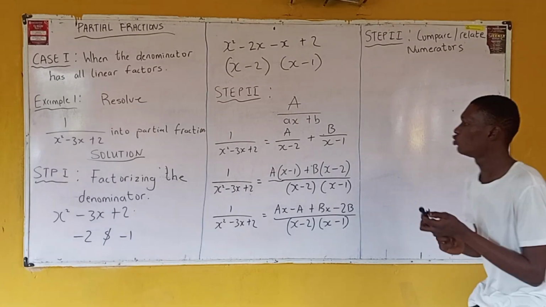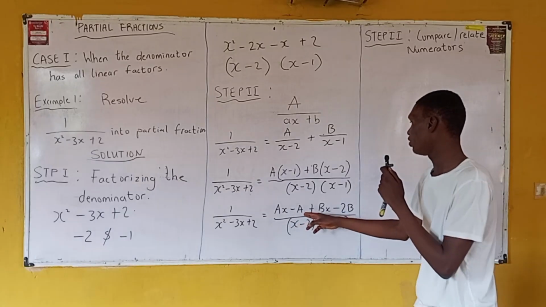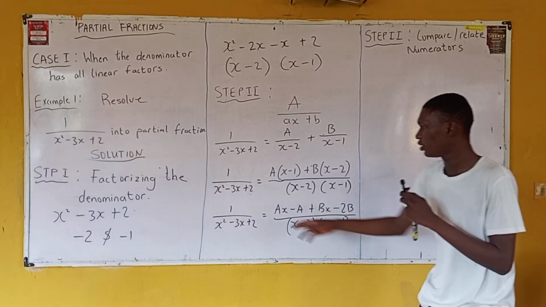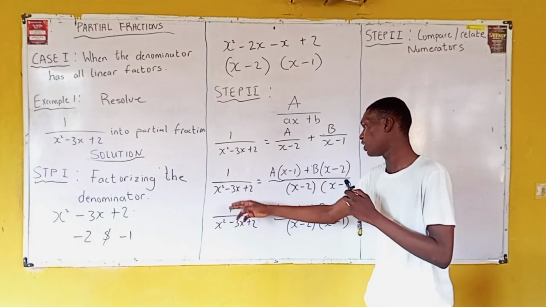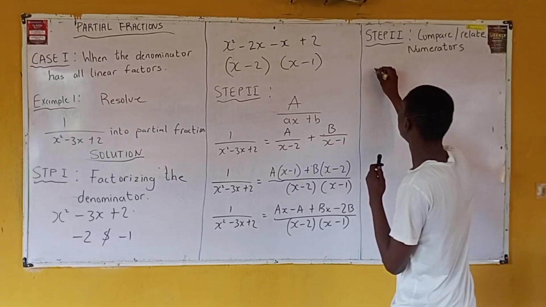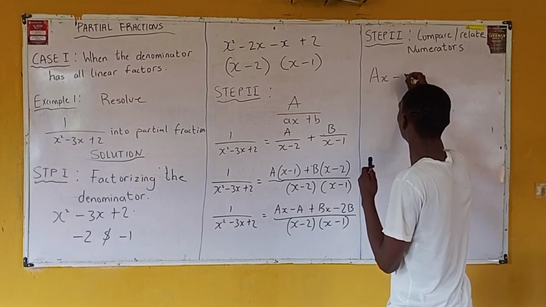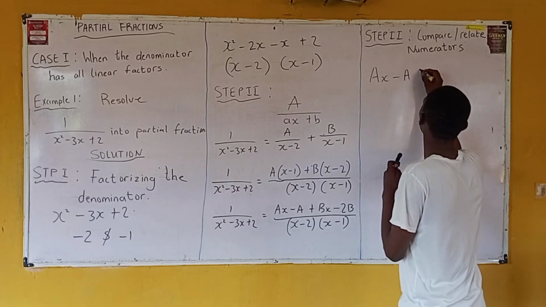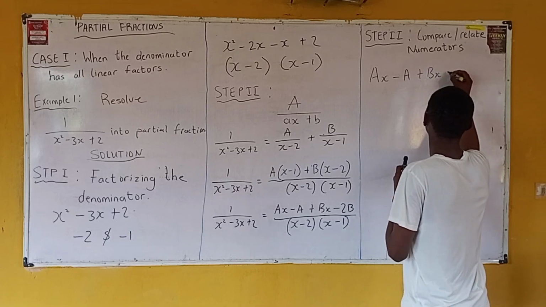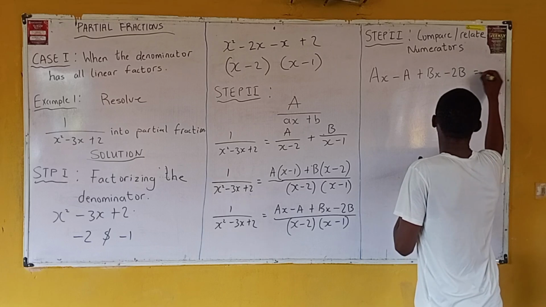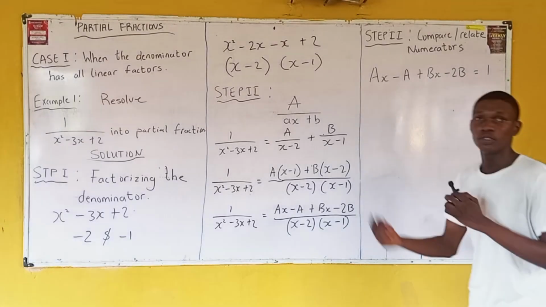Comparing the numerator now, what do we have? We have ax minus a plus bx minus 2b, and 1 as the numerator on the left hand side. So we can simply write it as ax minus a plus bx minus 2b should be equal to 1.